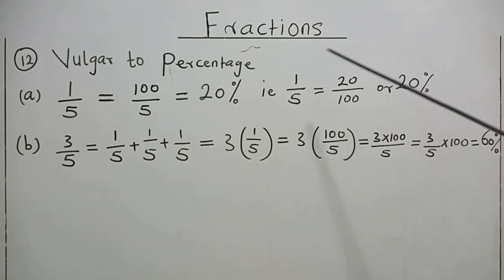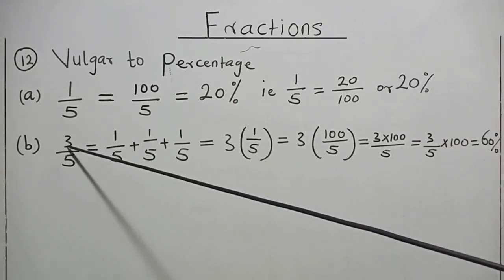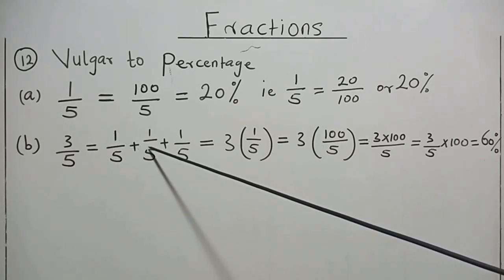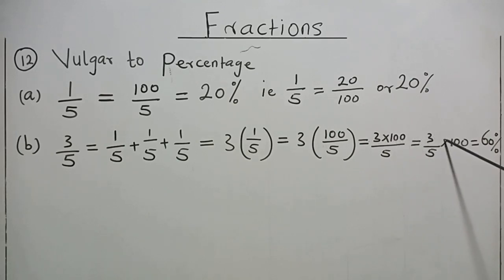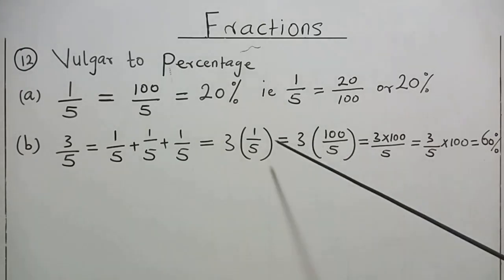What it means is that this is equal to this, is also equal to this, this, and eventually 60%. I would have gotten the same 60% just before this level without passing through this long process.